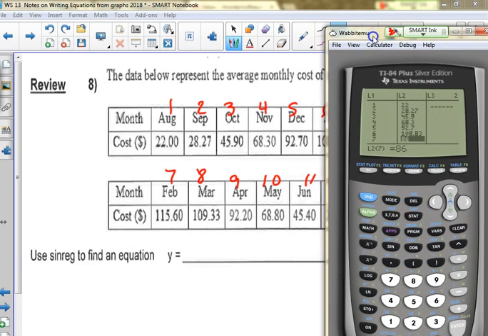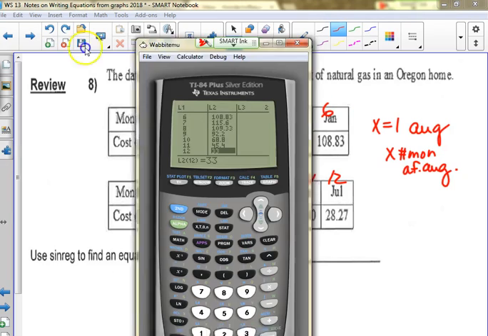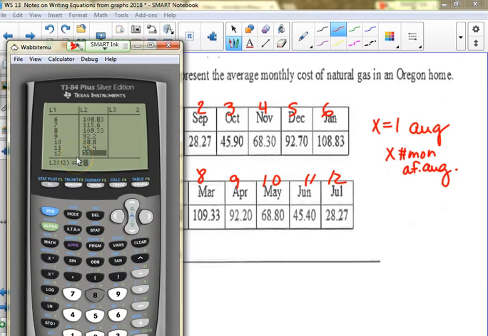All right, it's taking me forever to type these in. I hope I have them typed in right. Now what do I do?